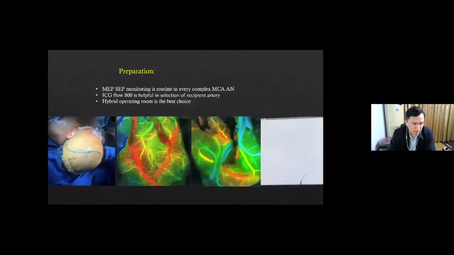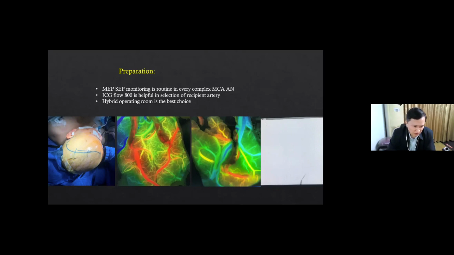MEP and SSEP are monitored routinely in every complex MCA aneurysm. ICG flow 800 is helpful in selecting the recipient artery. Normally, if you have a hybrid operating room, that's the best choice.